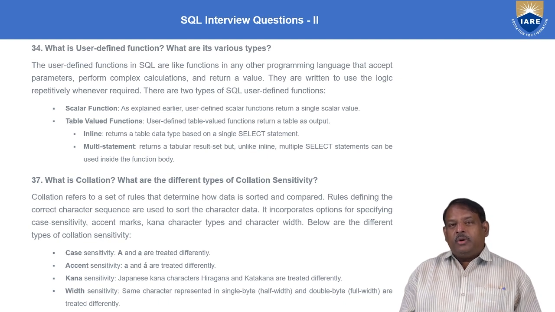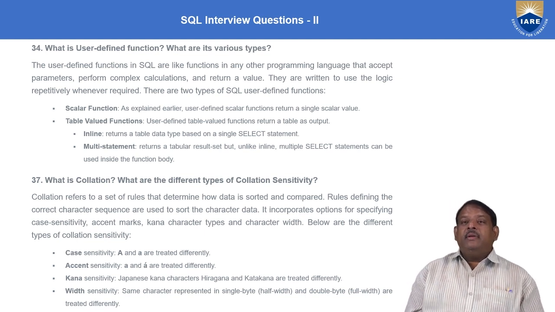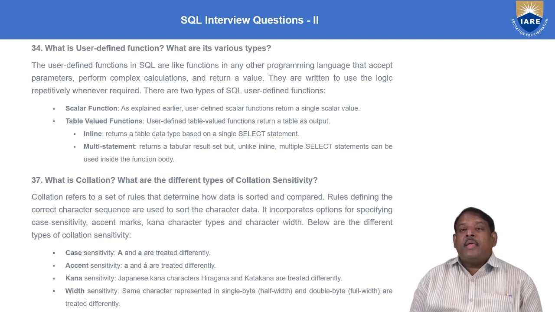Suppose you want to store data in Chinese or Japanese, so we have to store it in their own regional languages. So collation is to mention in what language you want to store. These are a set of rules to determine how data is sorted and compared. Rules defining the correct character sequence are used to sort the character data.